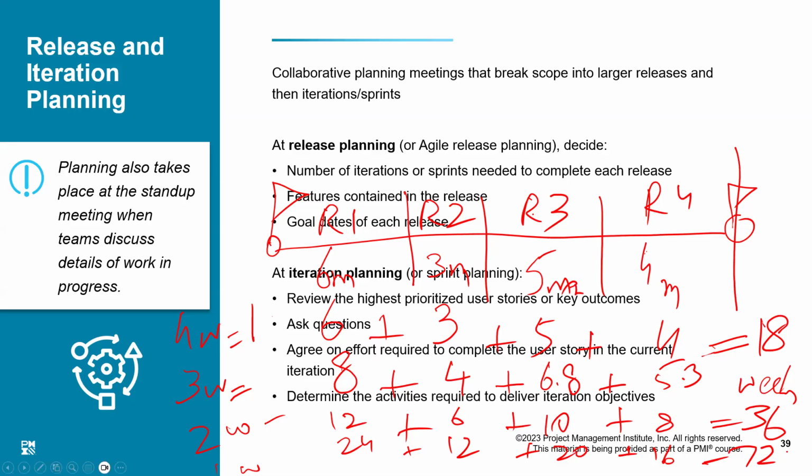Now, what size of iteration would you like to keep? Naturally, not 3, because it has an uneven number of iterations. 4 is too big. 1 is too small. So probably I would decide, based on this specific project and the number of releases, that I will fix the iteration size to be 2 weeks.